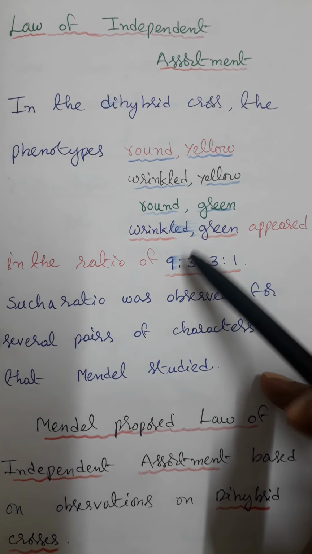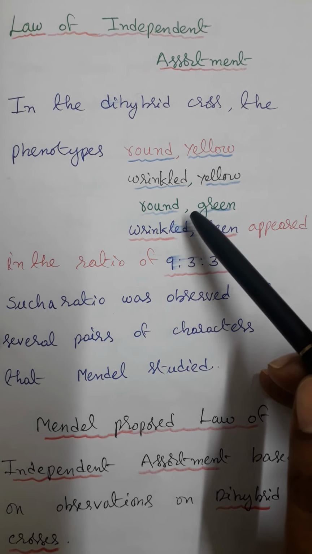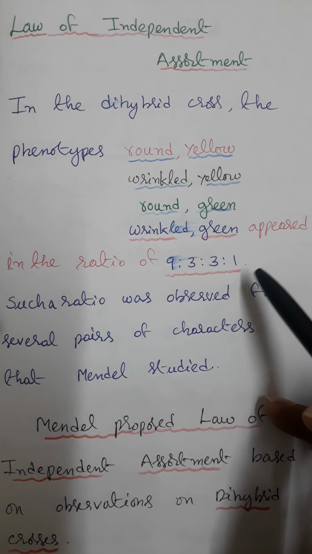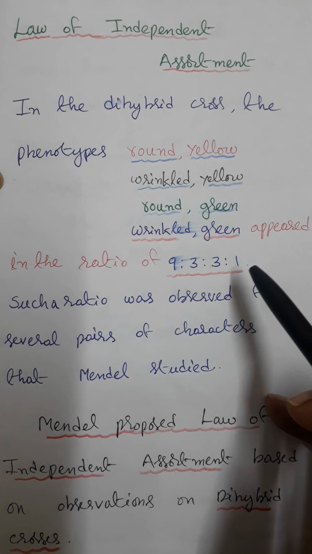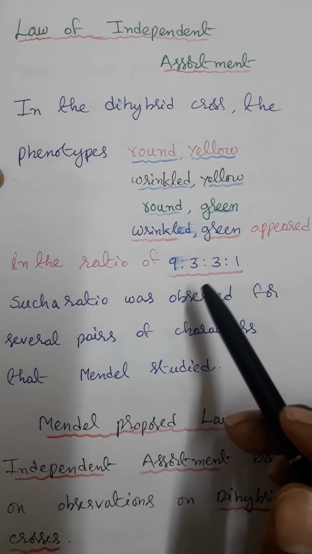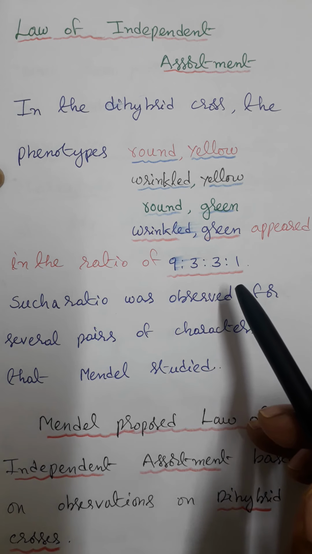Round yellow 9, wrinkled yellow 3, round green 3, wrinkled green 1. So the phenotypic ratio in the F2 generation of a dihybrid cross is 9 is to 3 is to 3 is to 1.